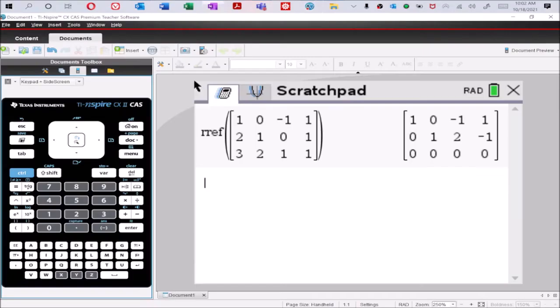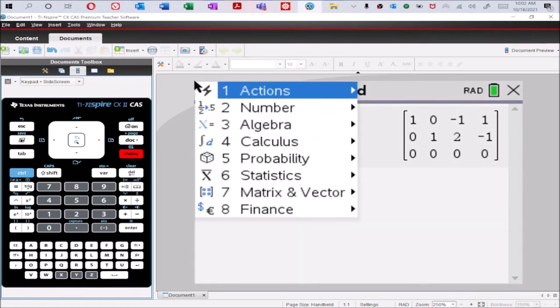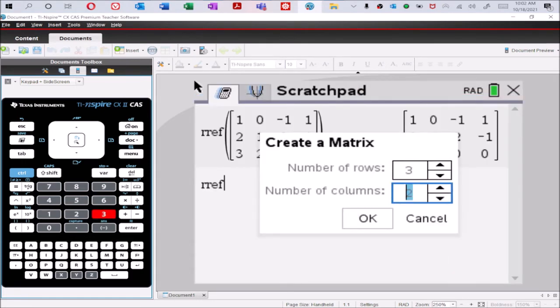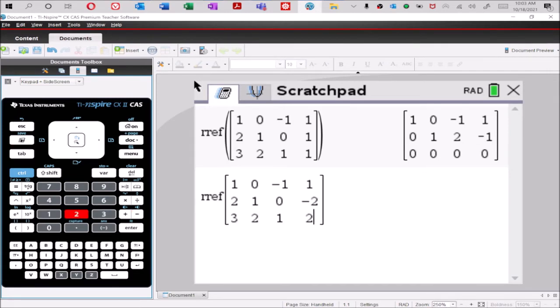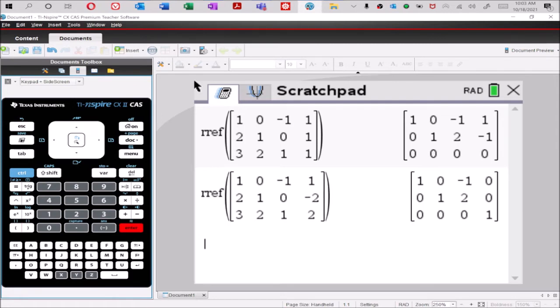We want to RREF this, and when we do, oops, I'm missing parentheses, we get this matrix here.